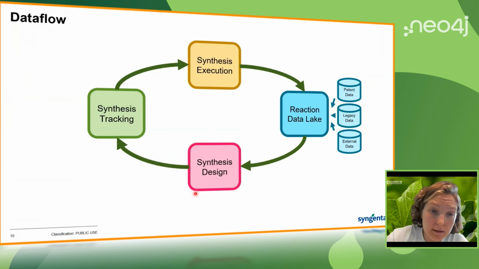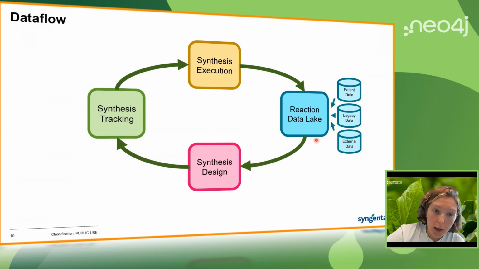Then from the synthesis design tool, they pass it to the tracking tool, where they now can also add the reagents and prepare a plan for the synthesis execution. And at the synthesis execution level, that's where all the experimental data is collected and it's sent to a reaction data lake, which is a file-based database.